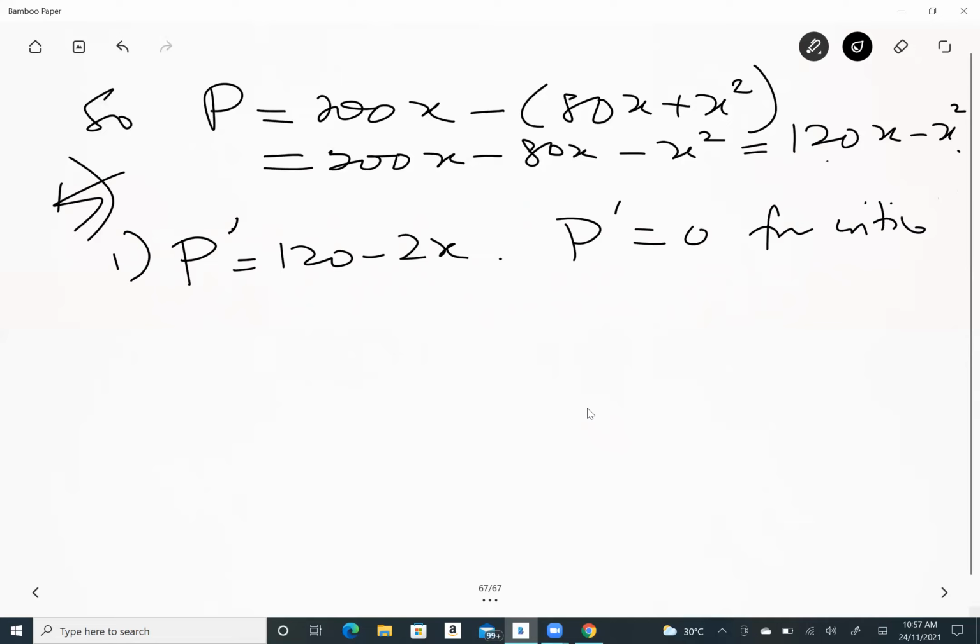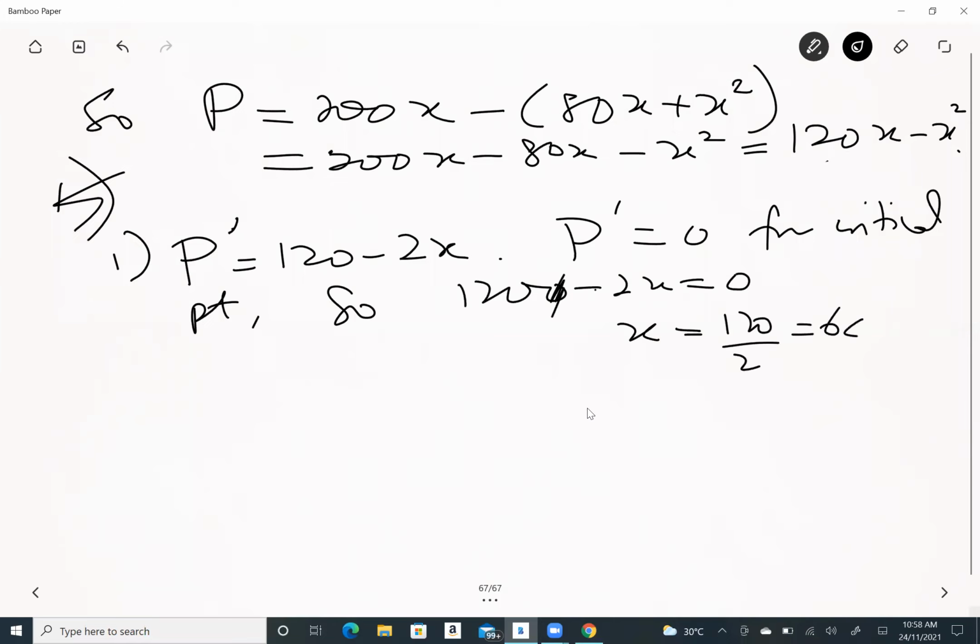So we get 120 minus 2x equal to 0. x equal to 120 over 2, that is 60. Secondly, you get the second derivative, that is negative 2. Now it's a negative number, constant.